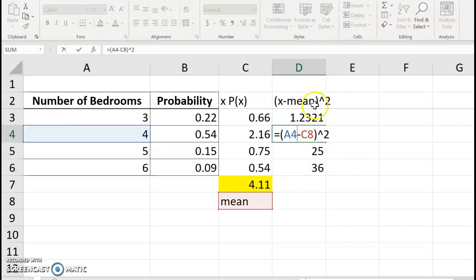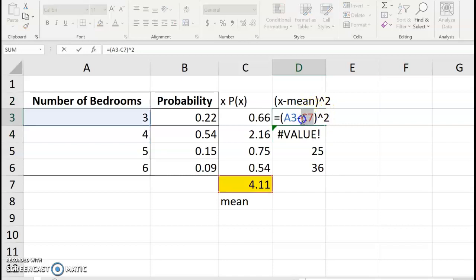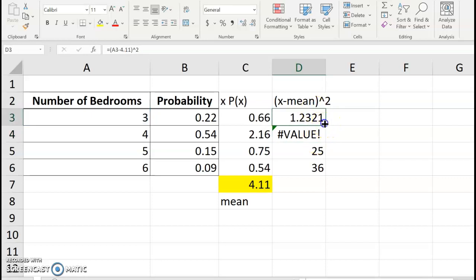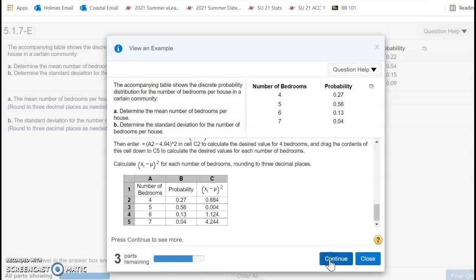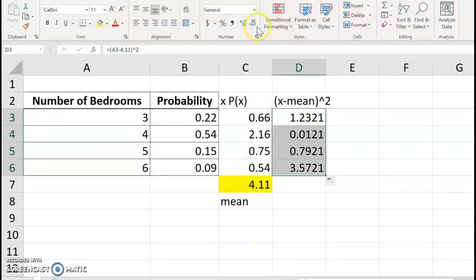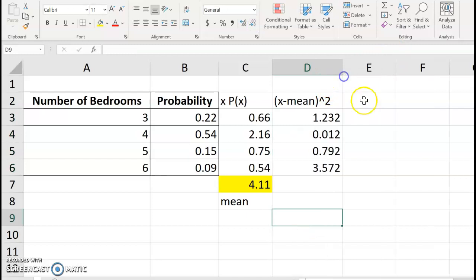Okay, so what I need to do up here is put 4.11 and then copy that down. Alright, now they did round to 3 decimal places here, so on mine I'm going to round to 3 decimal places. Alright, now we need to times this by the probability.